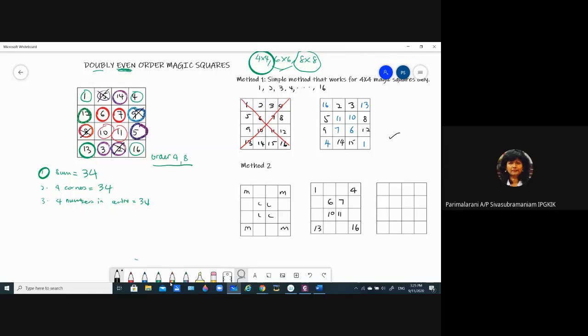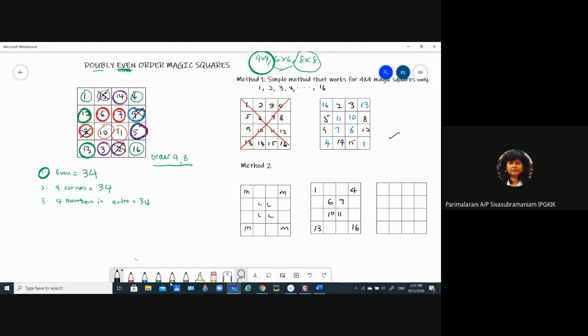Okay, so far? Can you understand? We are counting from 1 to 16, from the first box to the last box, but we are only filling in the numbers in the squares marked M and L.